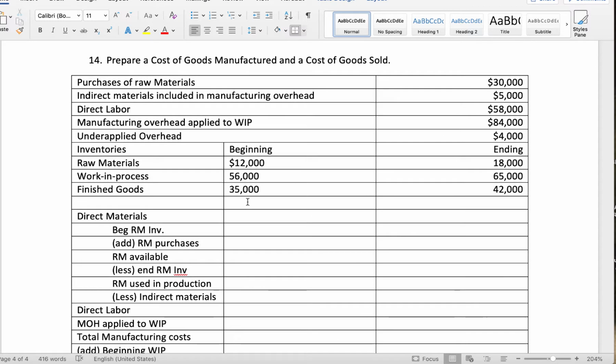Number 14 is pretty easy. We have to do a cost of goods manufactured and a cost of goods sold statement. Remember what I said in the lecture video: we take the beginning, we add whatever we purchased, that gives us what's available. Then we subtract our ending balance, that tells us what was used.